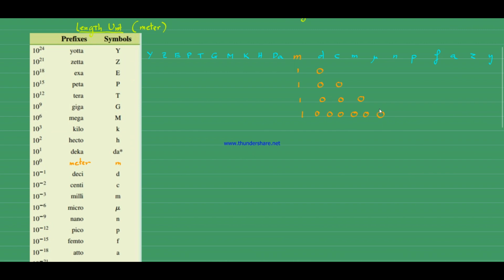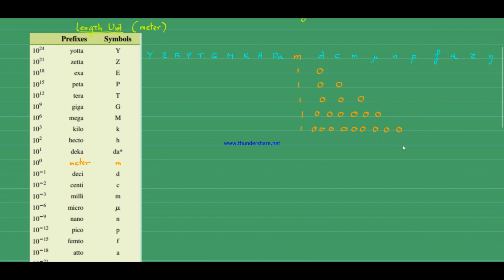Then for nano we have 9 of them. I don't have enough space right here: 1, 2, 3, 4, 5, 6, 7, 8, 9. Let me put all the zeros in, and I'll explain the relation.